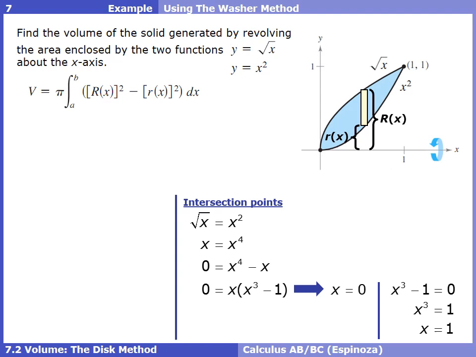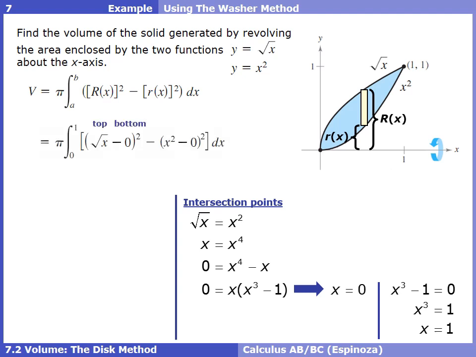Okay, once we have that set up, it's really just a matter of finding the length of big R and finding the length of little r. And again, keep in mind what we learned in 7.1. When you want to find these lengths, vertically at least, we always take the top minus the bottom. So for big R, the top of big R, this bracket I drew in, is touching the function square root of x.